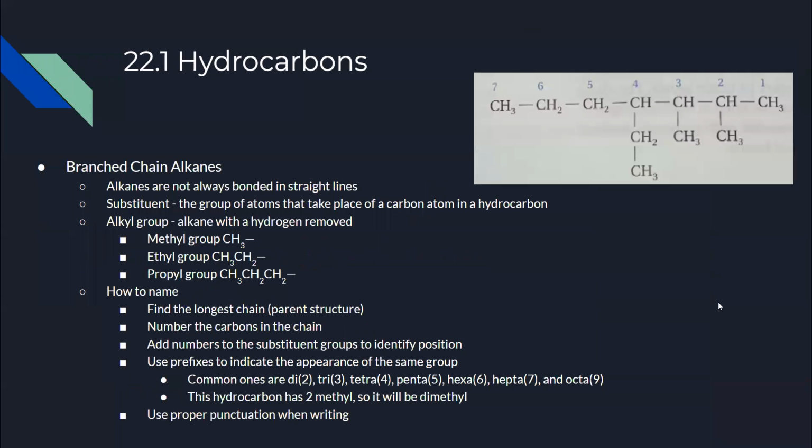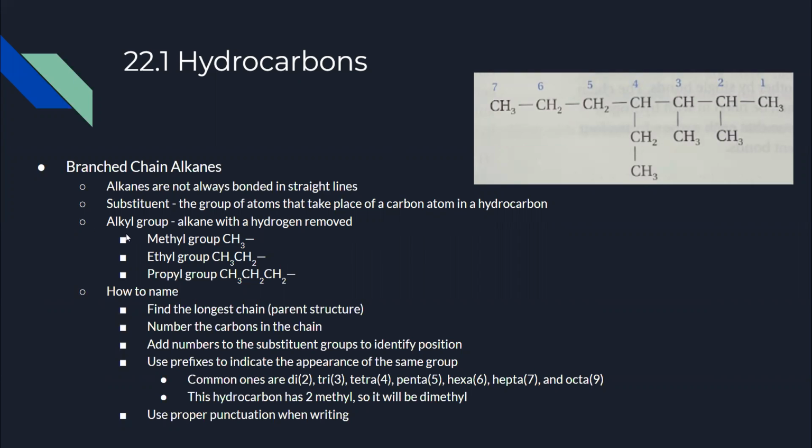So let's go on. You also have branched chain alkanes, and these alkanes are not always bonded in straight lines. And so you have a substituent, sorry, I botched the name. That's basically the group of atoms that take the place of a carbon atom in a hydrocarbon.